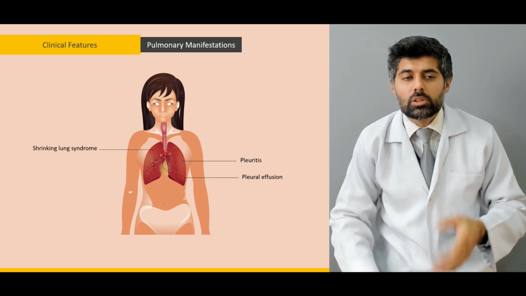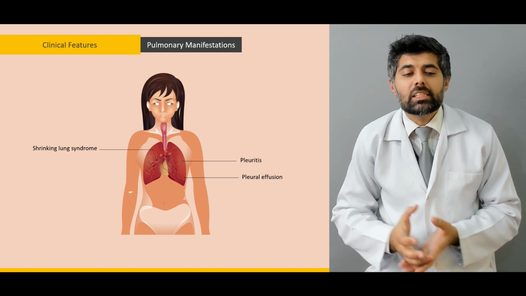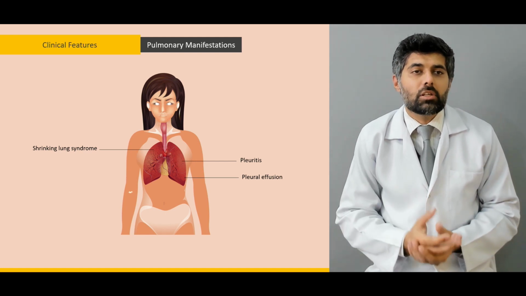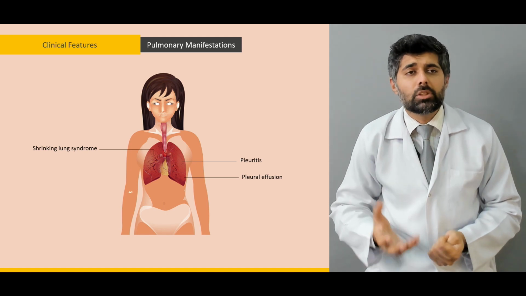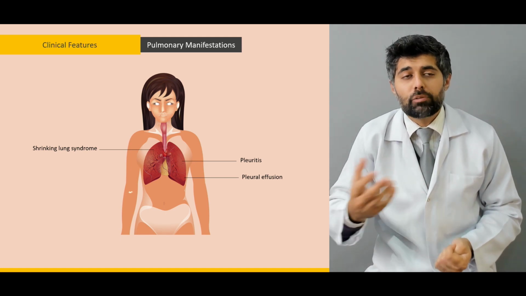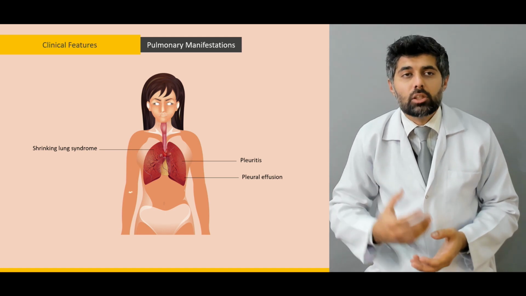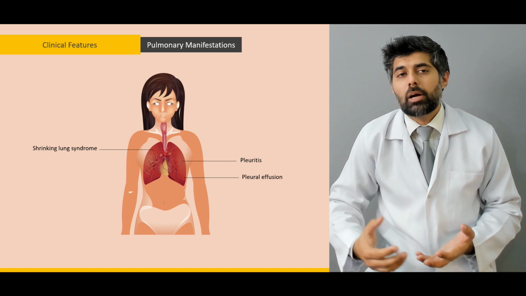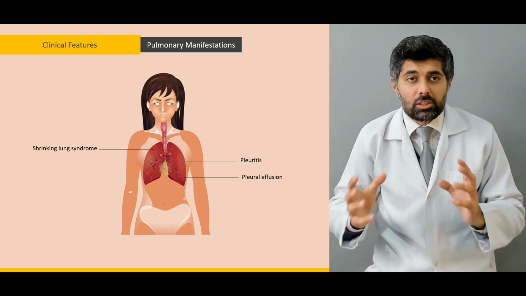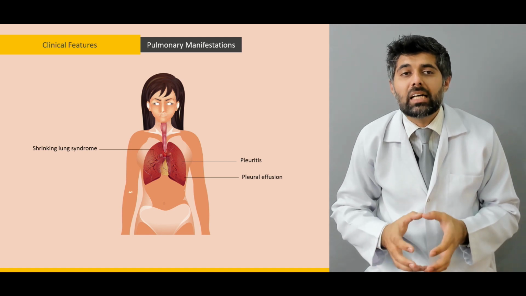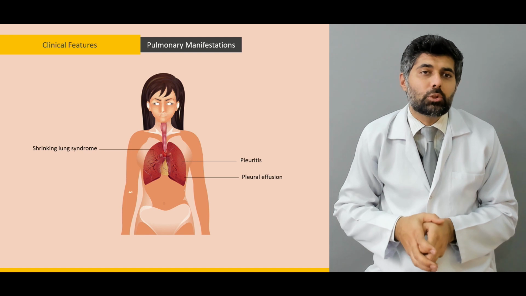Now, because of its autoimmunity, during SLE there is infiltration and proliferation of immunoglobulins in the interstitium of the lungs, and that interstitium then starts to get fibrosed, and because of this fibrosis, the lungs start to shrink in size, and this is what is called shrinking lung syndrome.